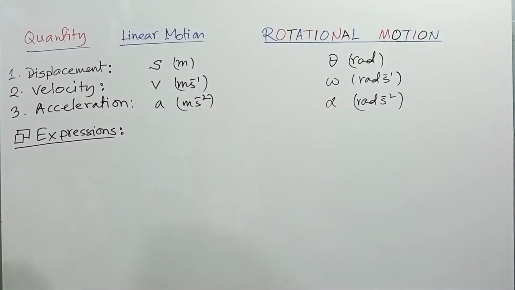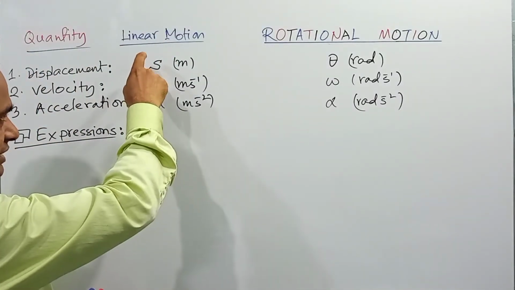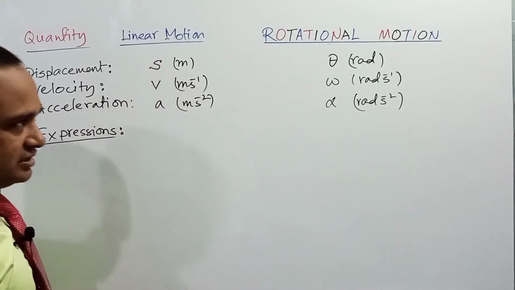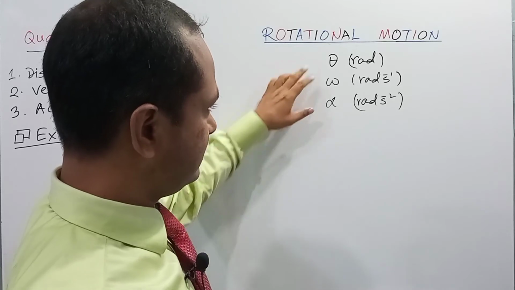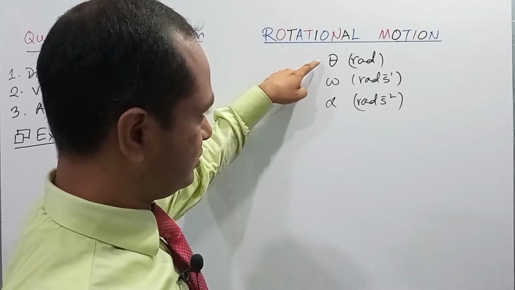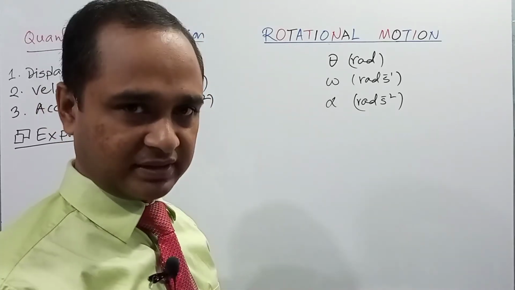Now we will see some expressions involving S, V, A and T. For rotational motion, it will be the expressions related to theta, omega and alpha, right?